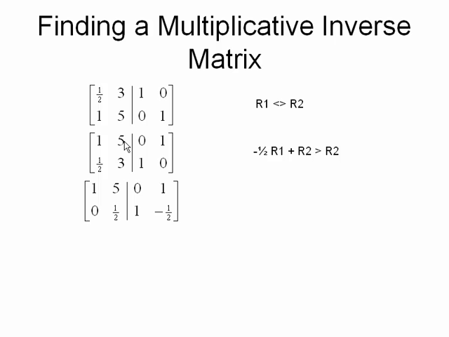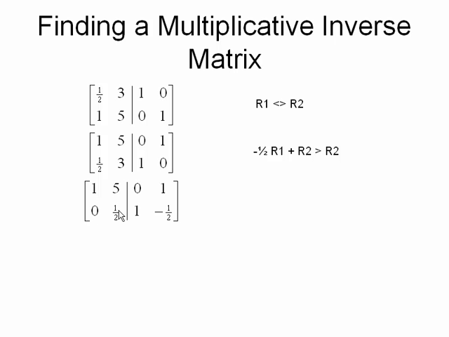Negative 1/2 times 5 is negative 2.5 plus 3 gives me a half. Negative a half times 0 plus 1 is 1. Negative a half times 1 is negative a half plus 0 gives me negative a half. So now I've got the 1 and the 0 like I wanted.